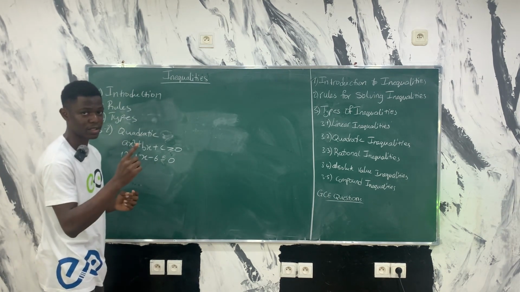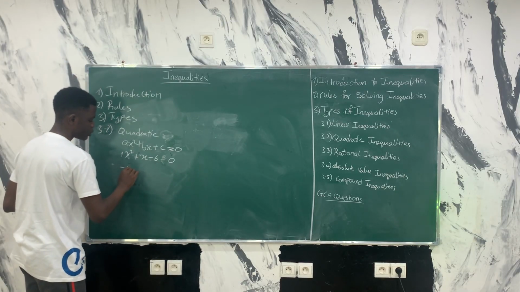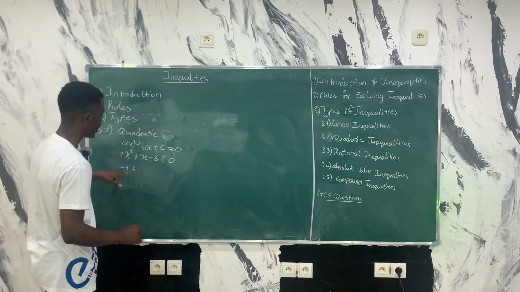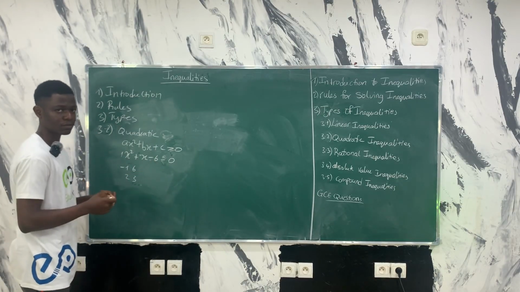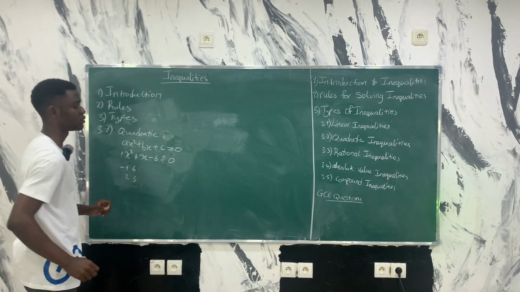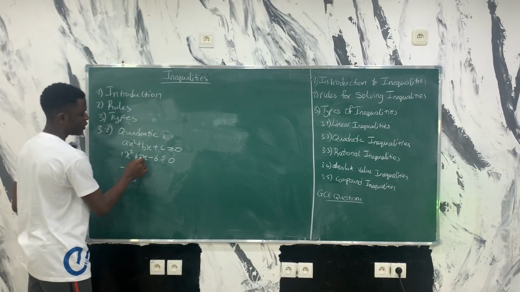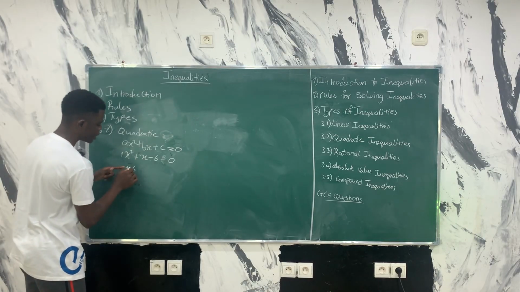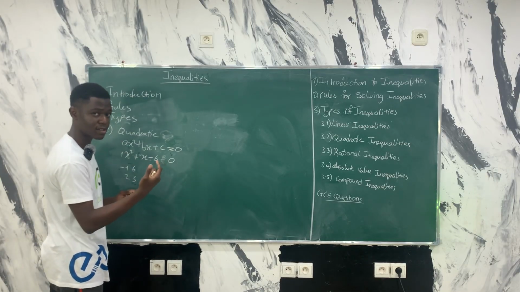So if I add minus 1 plus 6, I can never have 1. So it's just this. I have to know the signs now.